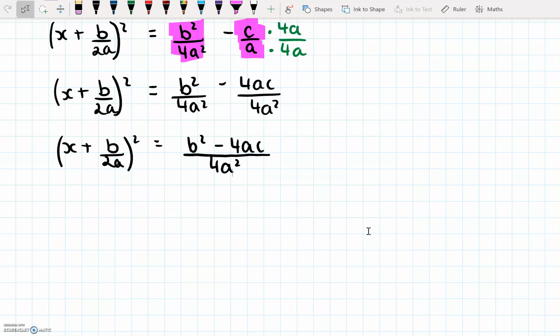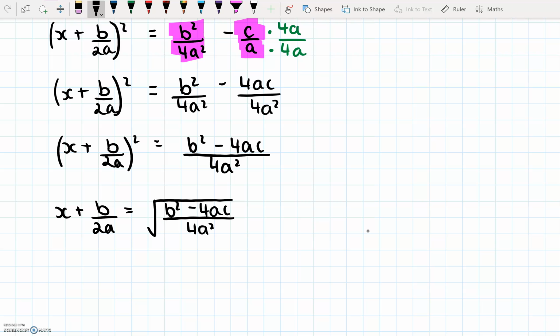In order to isolate the x, the next step is that we take the square root of both sides. So we have x plus b over 2a is equal to the square root of b squared minus 4ac over 4a squared.